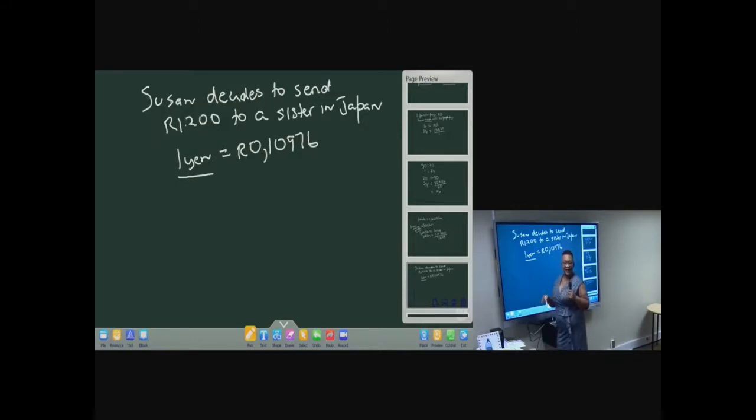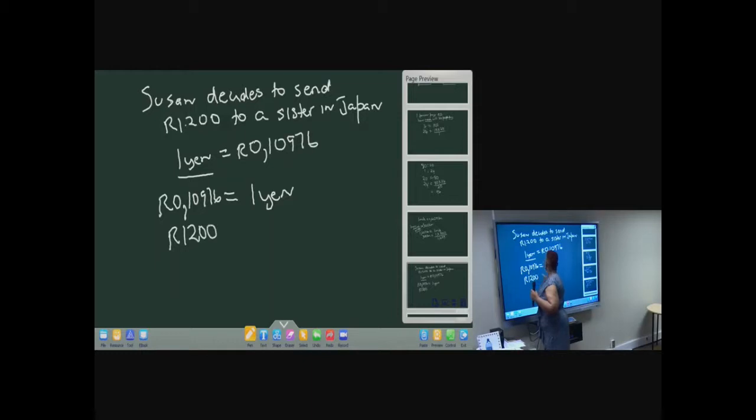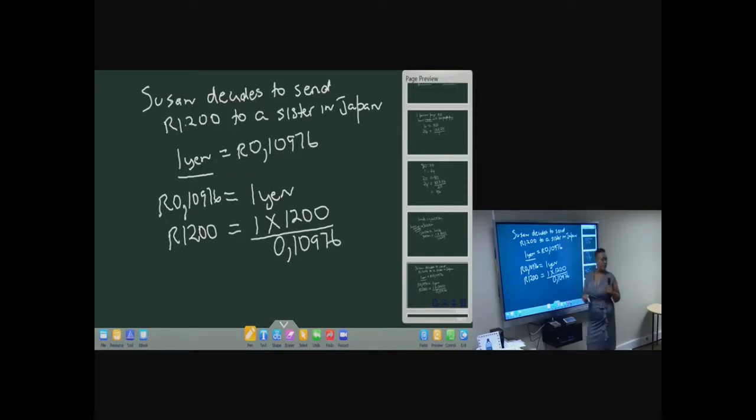Then you write your statement in such a way that you have the yen on your right and you have the given 0,10976. Then you want to know 1,200, how much is it? Then what is on your right, you multiply by what you have put at the bottom and you divide by what you have put on top. That's how you do it, always. What is the answer there?